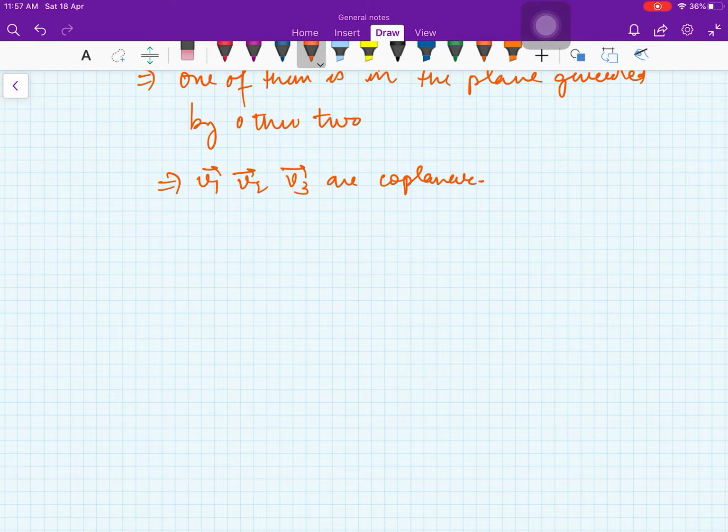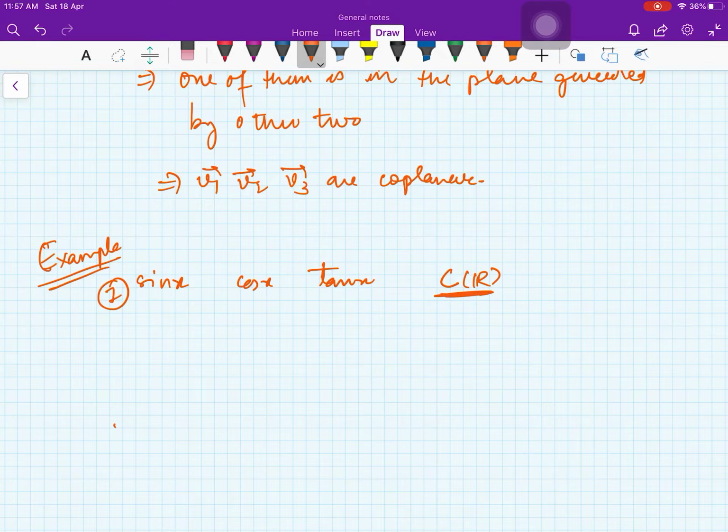general vector spaces, right? For example, if you have sin x and cos x, you have these vectors sin x, cos x, tan x, in the space of all continuous functions.